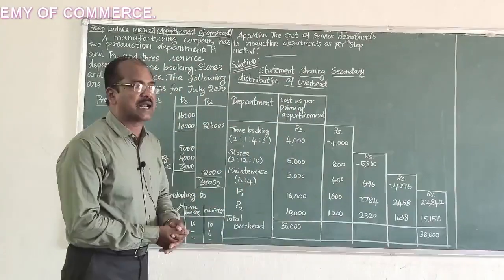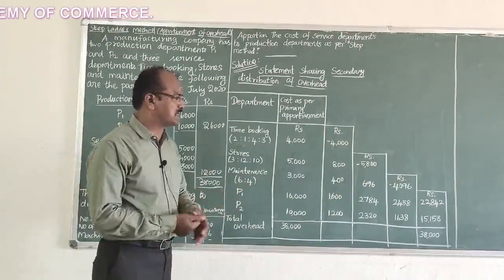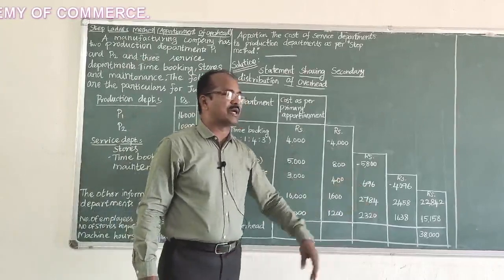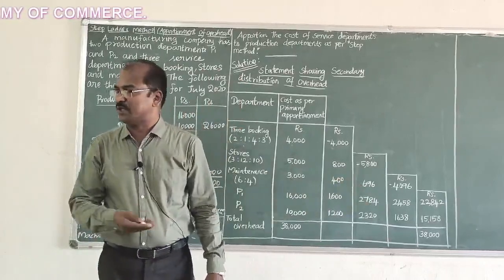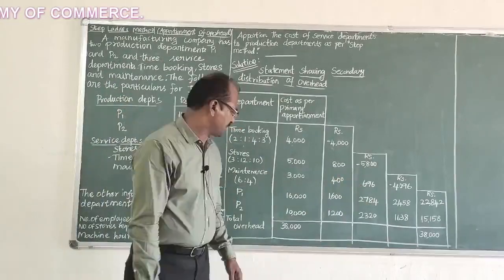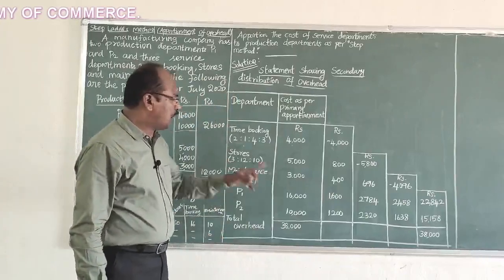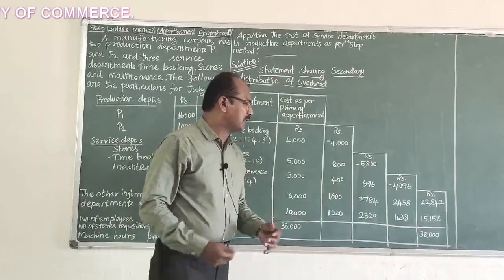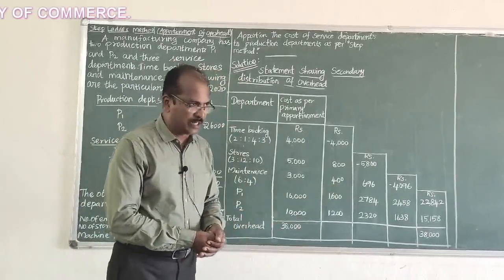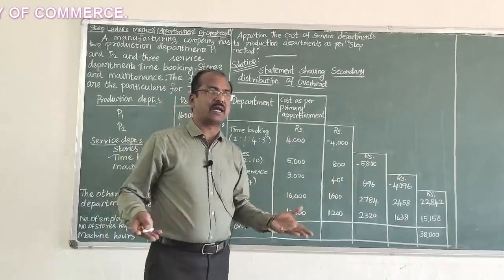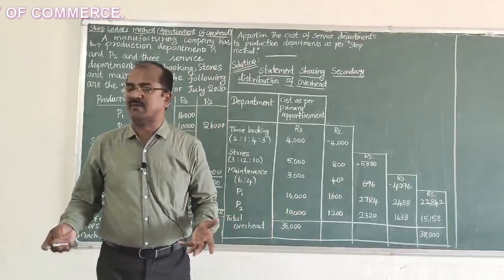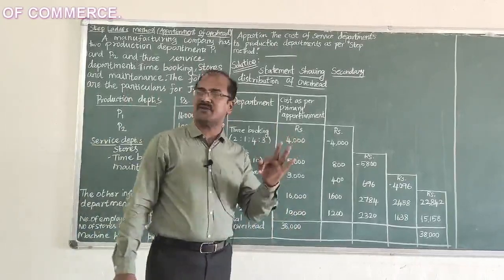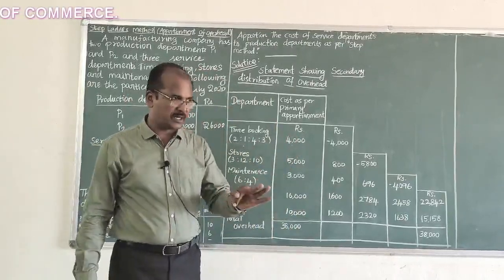Now 4,096 divided by 10 into 6, you get 2,457 point something, you can make it 2,458. Then 4,096 divided by 10 into 4, you get 1,638 rupees. Right. Now we have done a reapportionment of the overheads of the three service departments to the production departments.